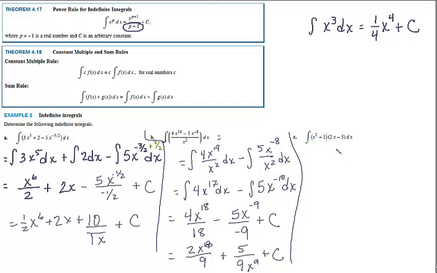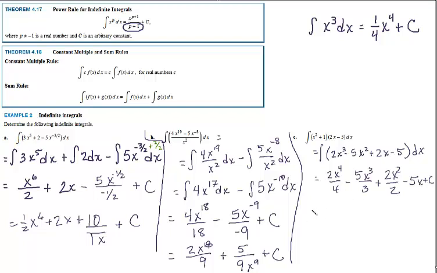Now, I don't have any rules for the products yet, but I do have some sum rules, so I'll just have to multiply this silly thing out and then play. So let me do the algebra of that. Alright, now integrating the individual terms, this first one would be 2x to the 4th over 4 minus 5x to the 3rd over 3 plus 2x squared over 2 minus 5x plus c.